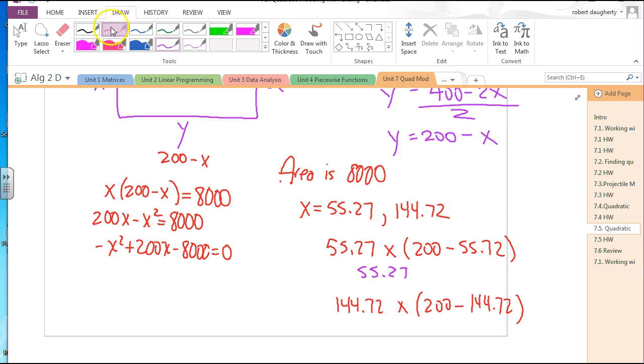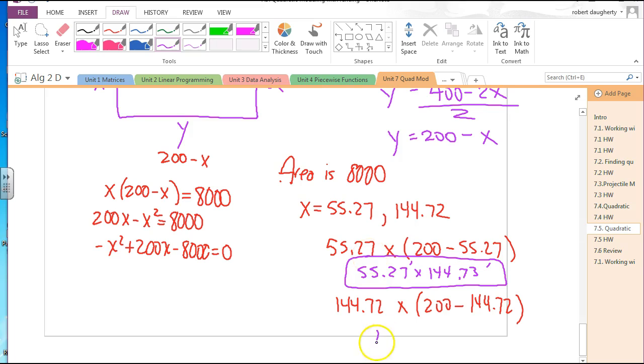Oh, you're right. What's 200 minus 55.27? 144. What is it? Point what? 73. Okay. So that's one choice of the dimension, 55.27 by 144.73.